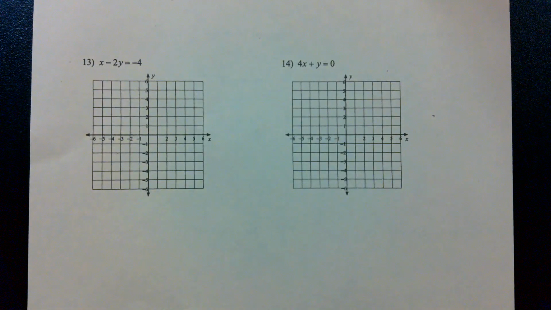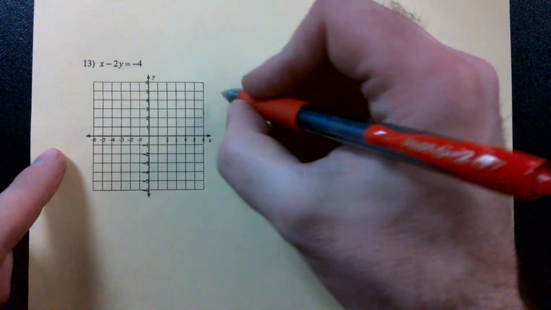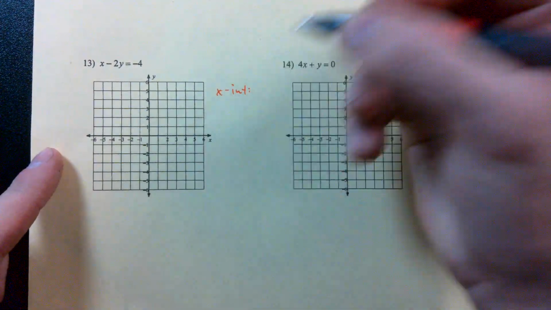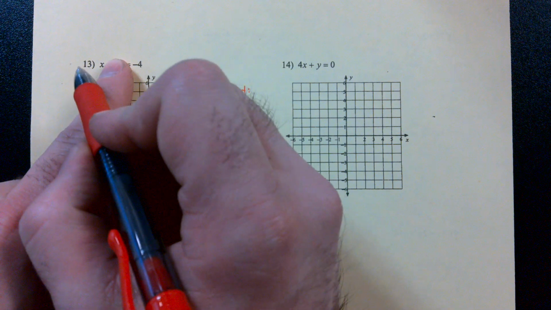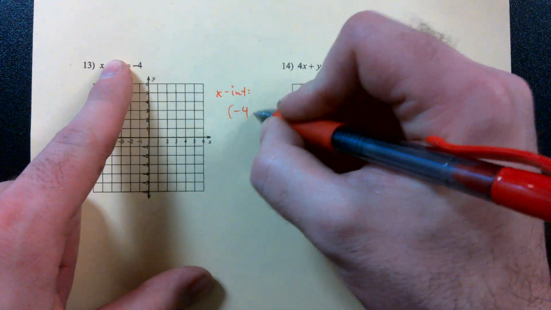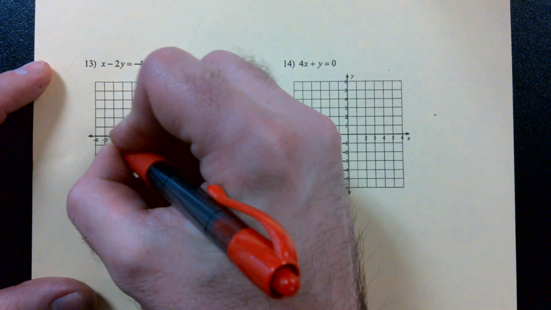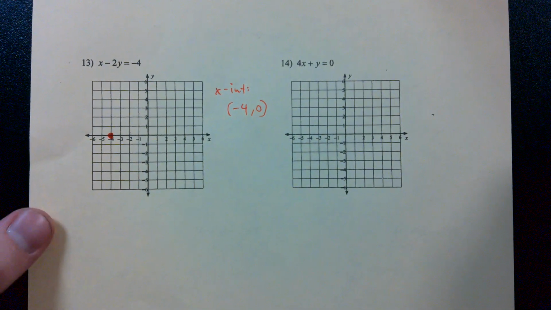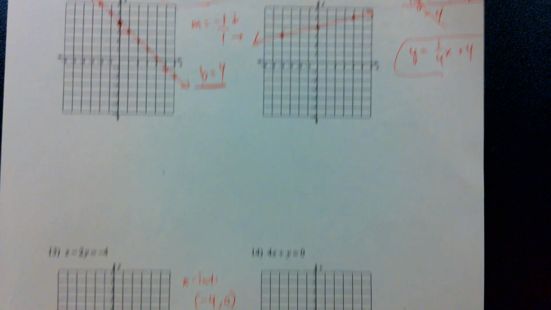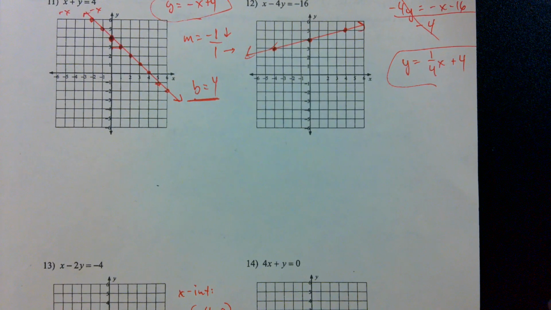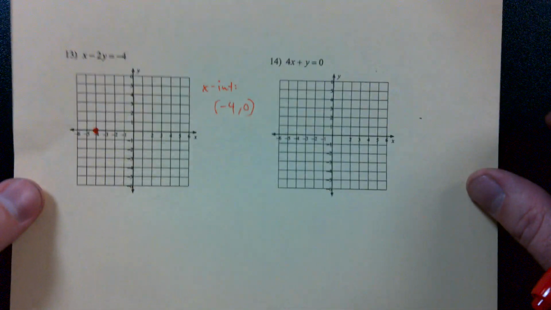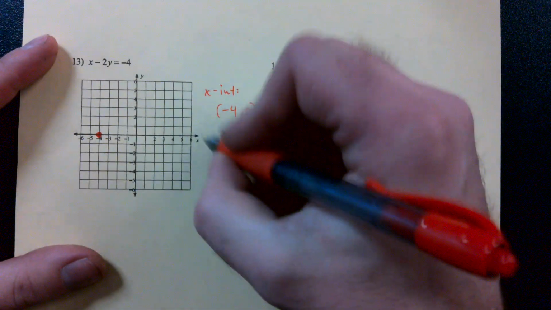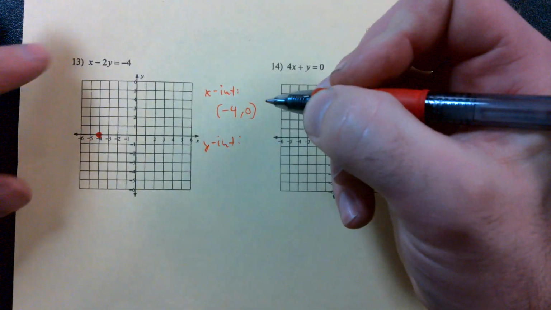So we'll transfer it to slope-intercept form in a second, but if I want to find the x-intercept, I'm going to cover up the y, and I see that x is negative 4. So I know I'm going to have a point at negative 4, 0. For number 12, what was the graph like? If I want to find the y-intercept, I've got to cover up my x.